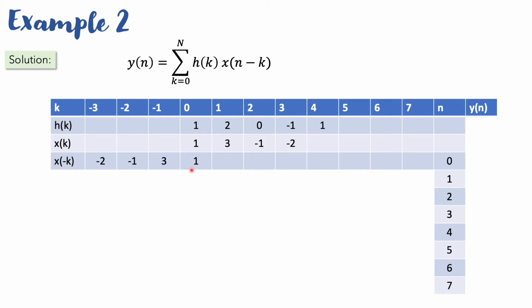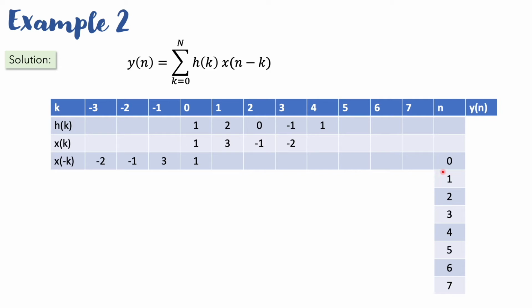So by doing so, we have flipped our x, or you can say that the value of n was 0 here, so 0 minus k will be minus k. You can relate it from here. This is done to calculate our first sample of yn. So first we will fill all of this and then we will calculate all the samples one by one.